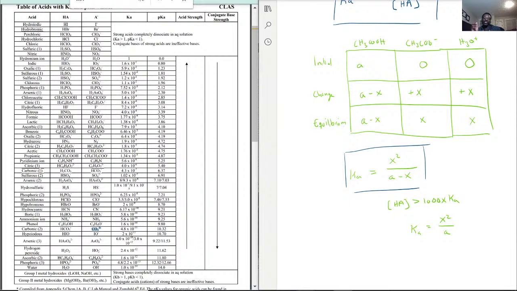Because if your concentration is so much bigger than your K value, it means that you don't dissociate much from your reactant side, like what you had in your acid, meaning that the number doesn't change. It would be like 100 minus 0.01.